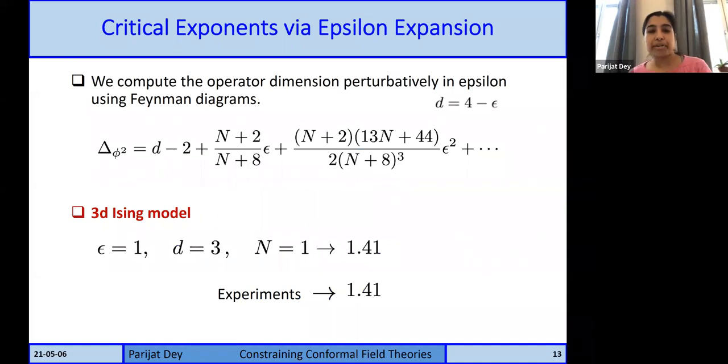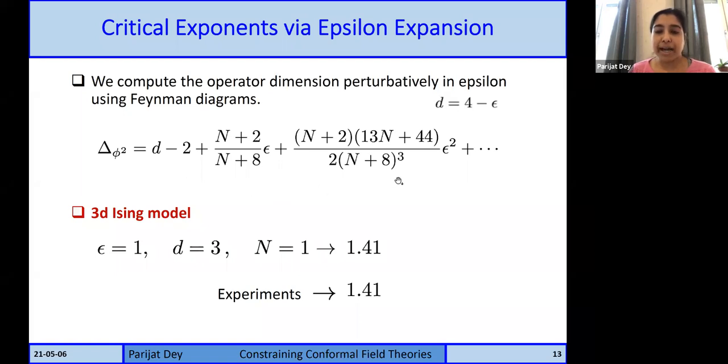So we compute the operator dimensions perturbatively in Wilson-Fisher theory, using epsilon as a perturbative parameter, and we end up getting this. This is the operator dimension for phi squared, and it can be computed up to a certain order in epsilon depending on the complexity of the Feynman diagrams.